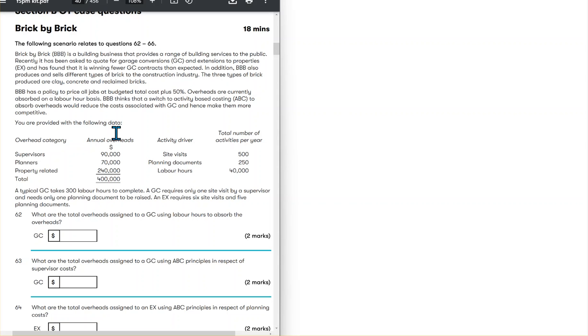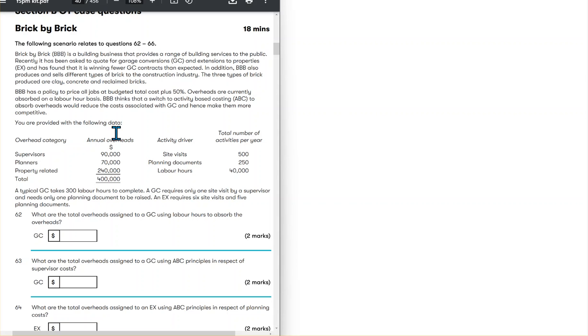The 3 types of brick produced are clay, concrete, and reclaimed bricks. BBB has a policy to price all jobs at budgeted total cost plus 50%. Overheads are currently absorbed at a labor cost. BBB thinks that a switch to activity-based costing to absorb overheads would reduce the cost associated with GC and hence make them more competitive.